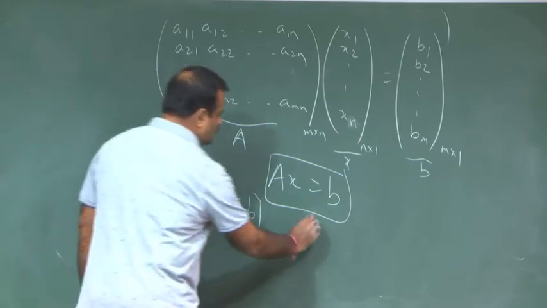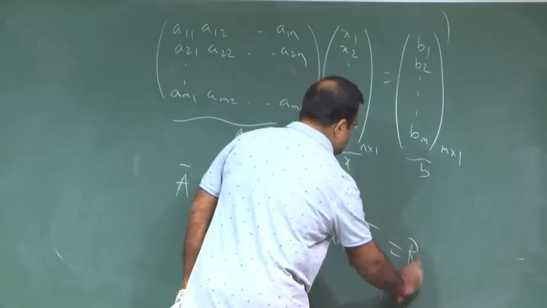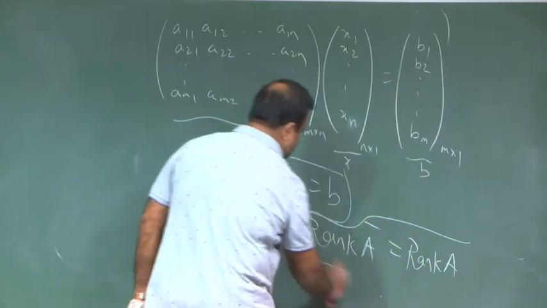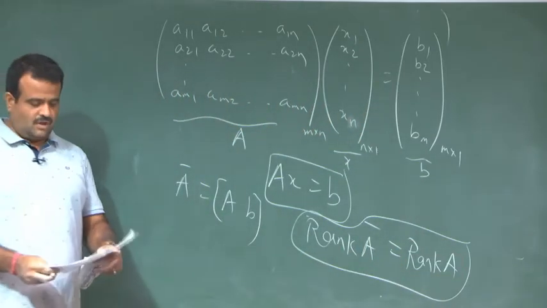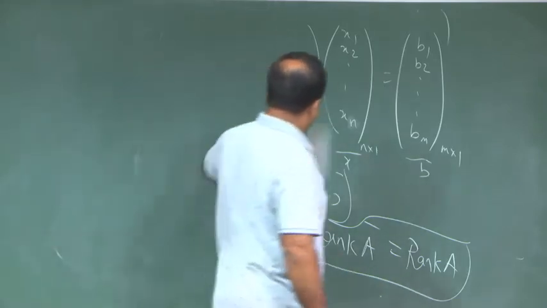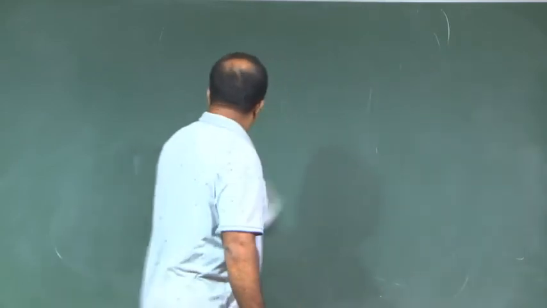Now, we already talked about rank of A and the augmented matrix; this should be the same for the consistent system of equations to have a solution. So, now we will take some examples. This is the general form of any system of linear equations.